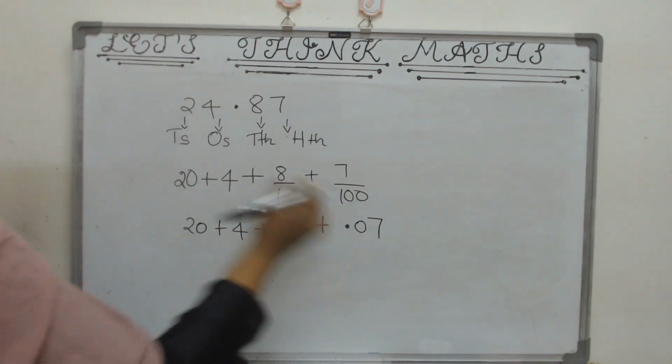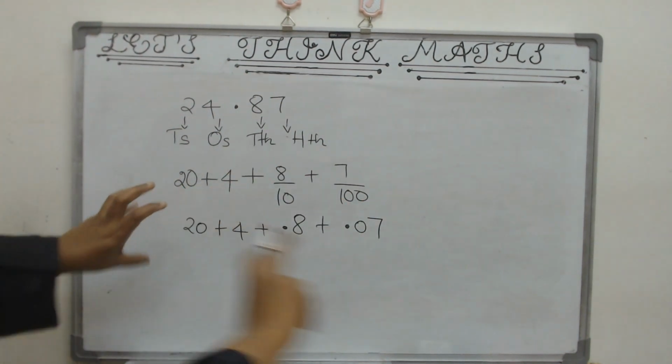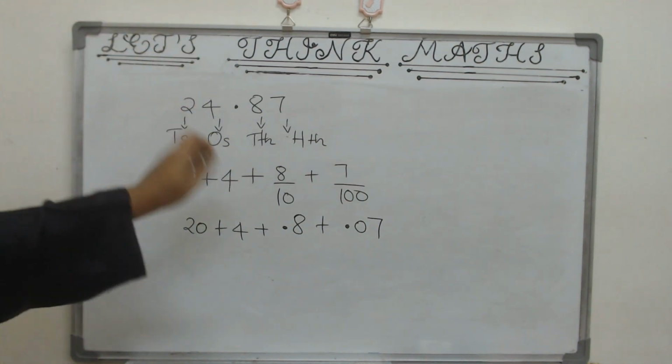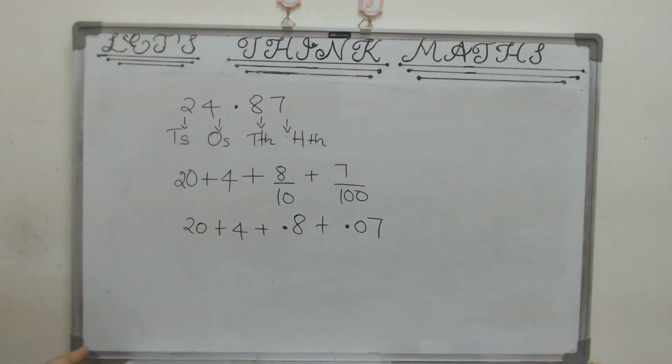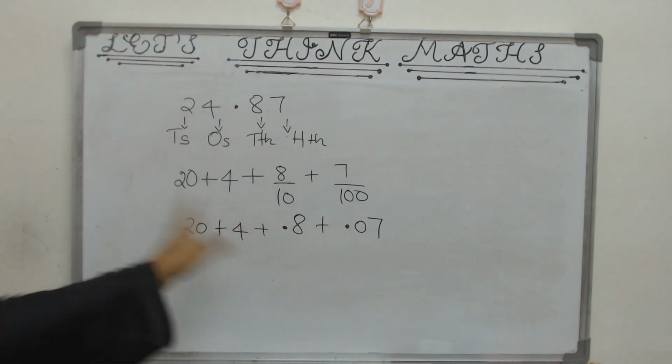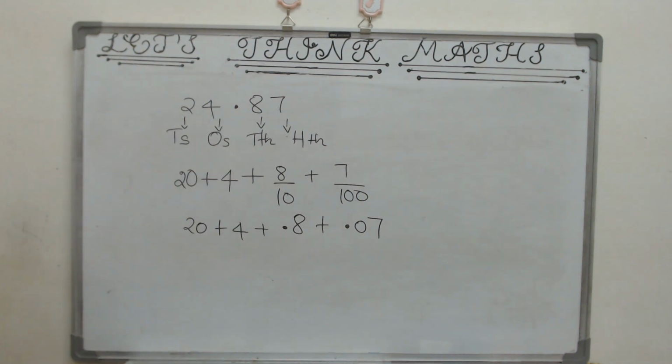Here, 2 zeros. So this is how you expand a decimal. What you do is take each digit and write down its place value and express it as a sum. You put the plus sign and express it as a sum. Now let us see another example.